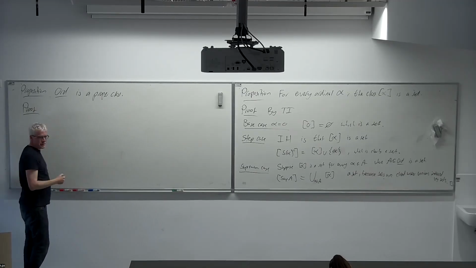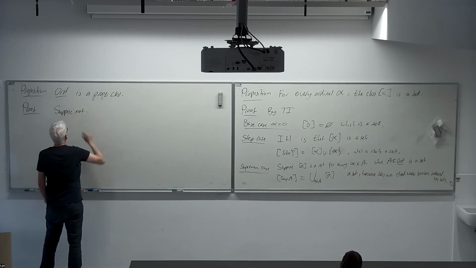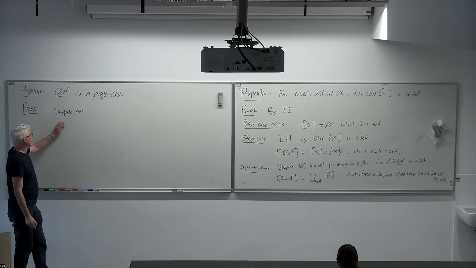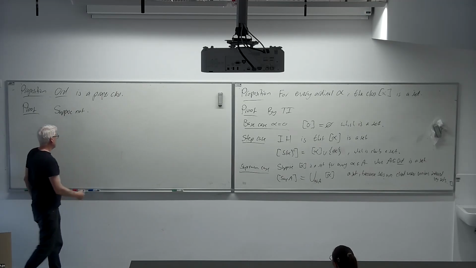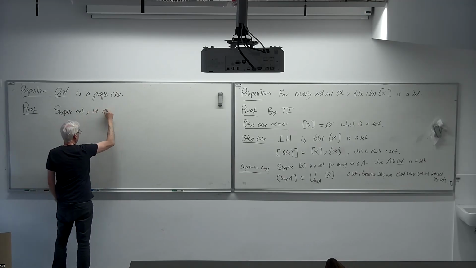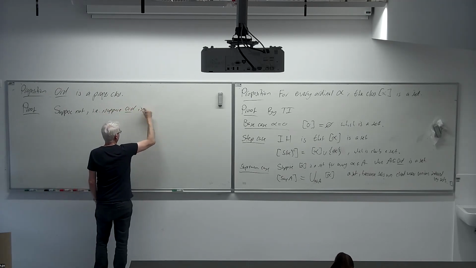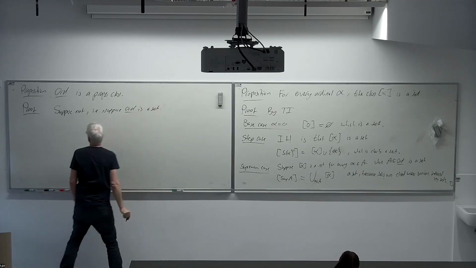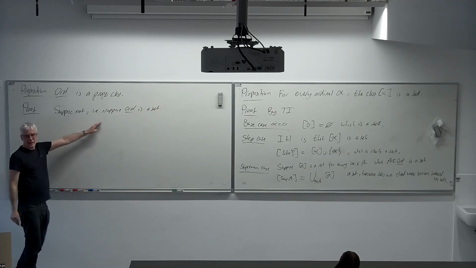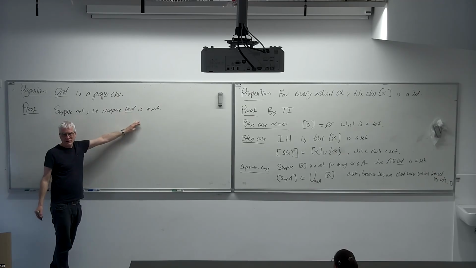So suppose not. Suppose Ord is a set. But if it's a set, then we can apply the supremum operation to it, because the supremum operation is applicable to any subset.